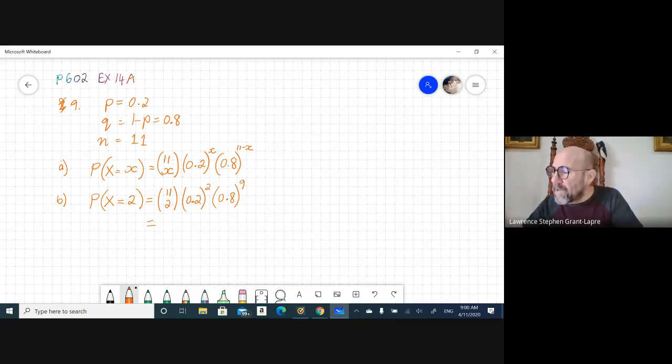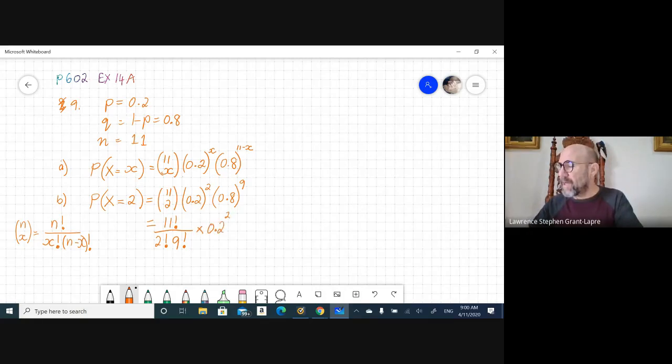Now, 11C2, I'm going to also use the rule for getting 11C2, that nCx is n factorial divided by x factorial times the factorial of the difference between n and x, the other number that adds up to n. Then 0.2 squared and 0.8 to the power of 9.